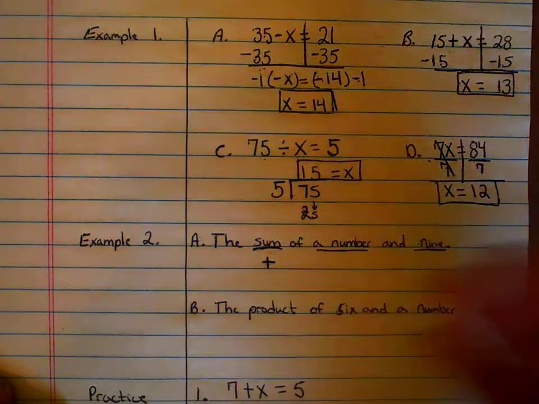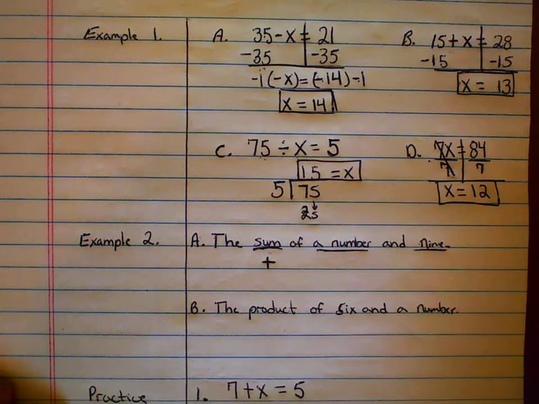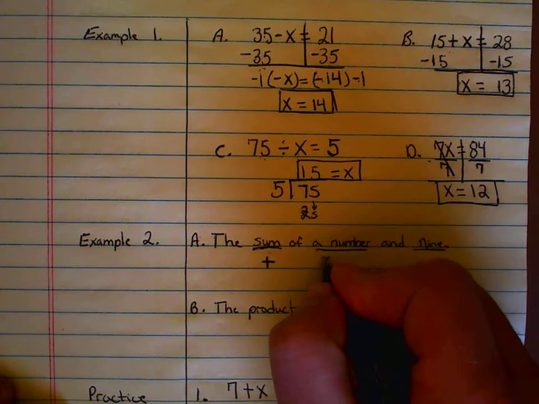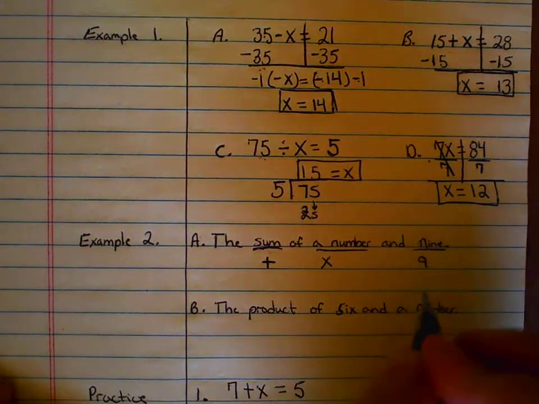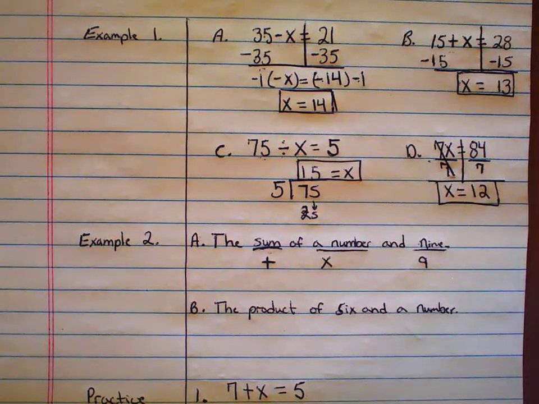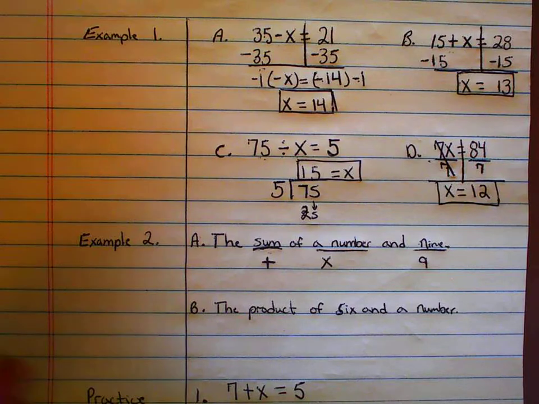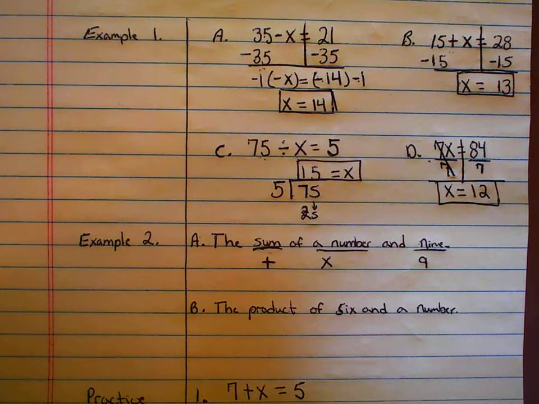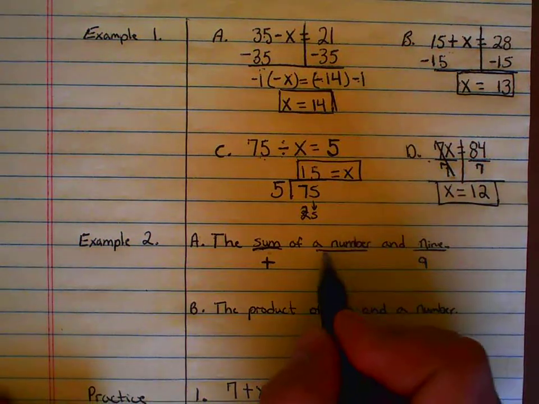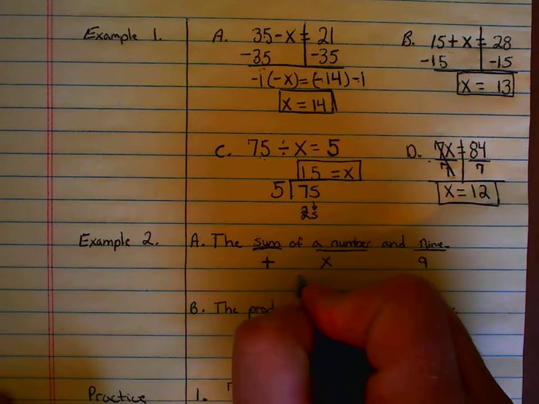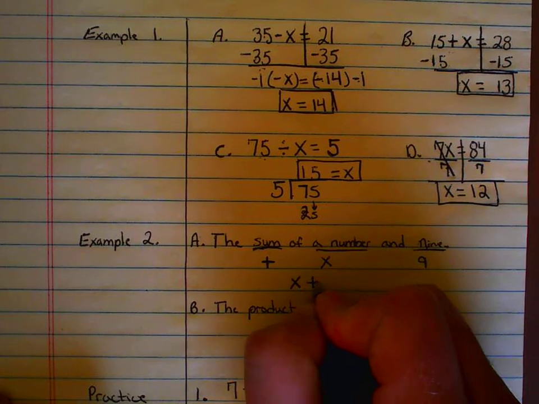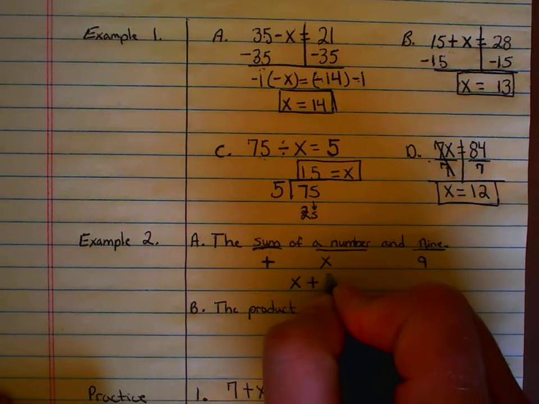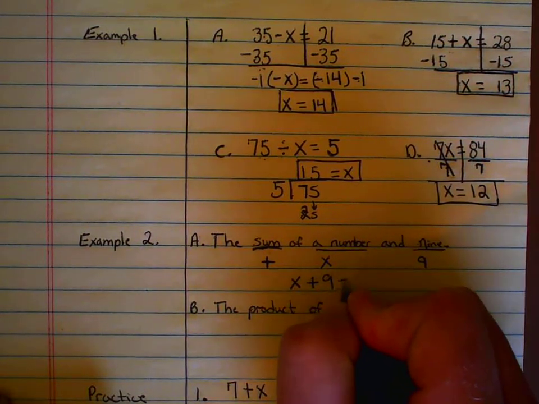Since we've been using x as our variable, and it doesn't matter what we use, we want to use x, and then what number is this? It's 9. Now we have to take these three components and put them together so that they say the exact same thing. The sum of a number and 9. Because a number comes first, then we need to write it x plus, or the sum, x is equal to the sum and 9.